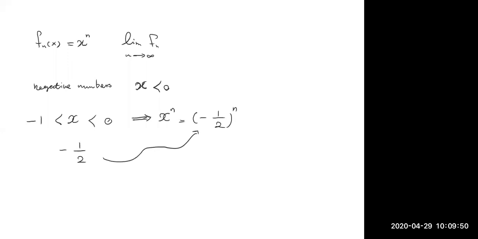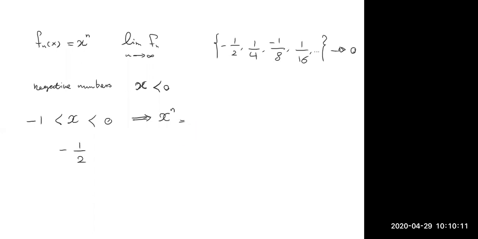So if you look at this sequence, when n is 1, it's -1/2. When n is 2, it's 1/4. And when n is 3, it's going to be -1/8, etc. As you can see, this sequence is converging to 0, and that's the case for general x. When x is between 0 and -1, x to the n converges to 0 when n goes to infinity.